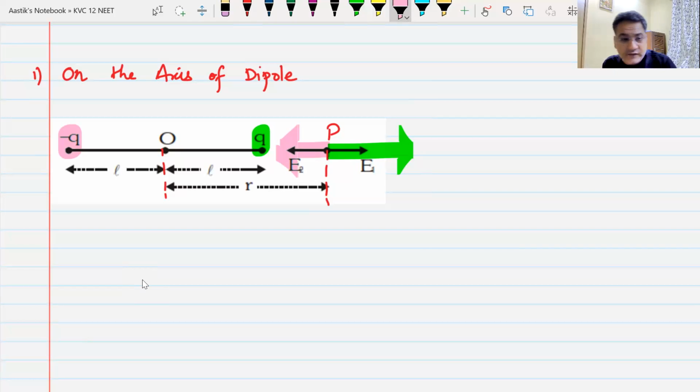The green field or the pink one? Which will be stronger?